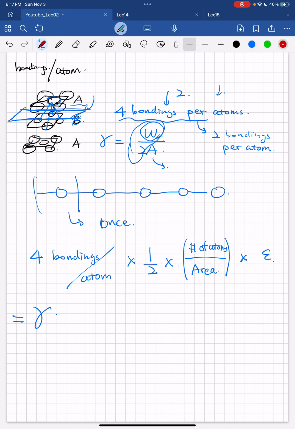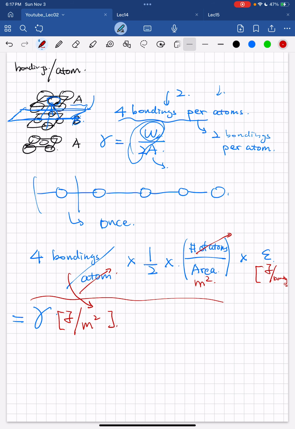You can see that the bond energy has a unit of joule per bonding, and the area is in meter squared, so it will have joule per meter squared. So this is how you calculate it.